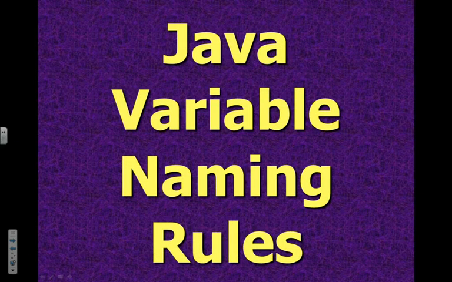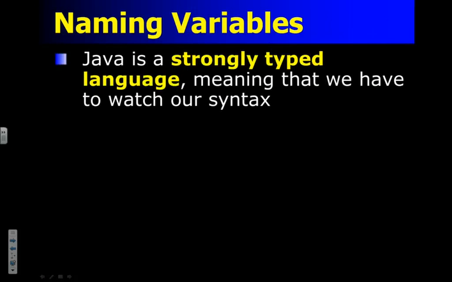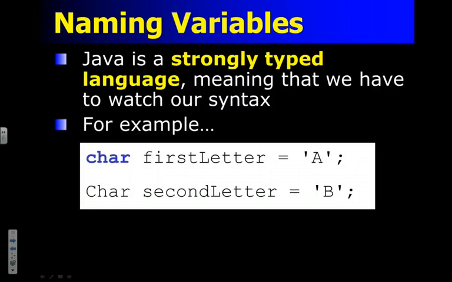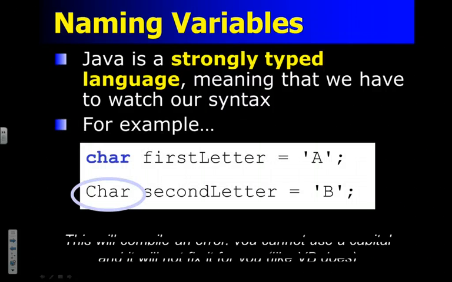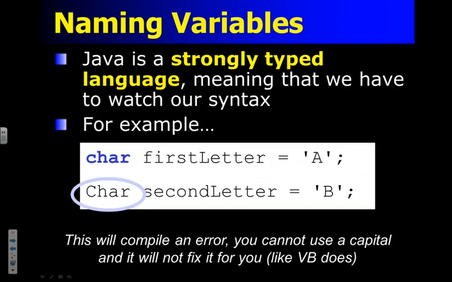Okay, rules. There are some rules when you name variables. Java has the same basic rules that you learned in C#. So here is where a possible error could occur. If you start using uppercase letters when you shouldn't, you're going to get errors.